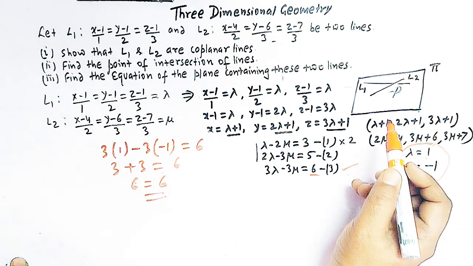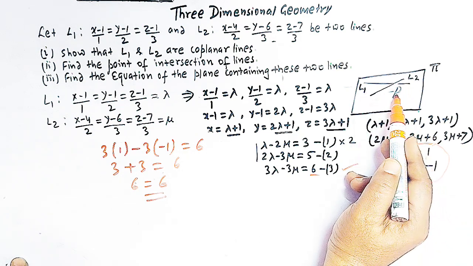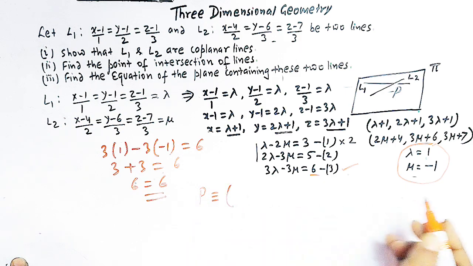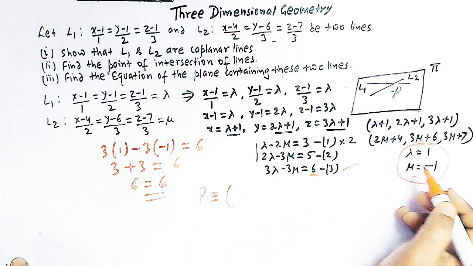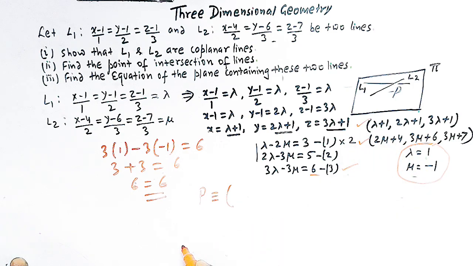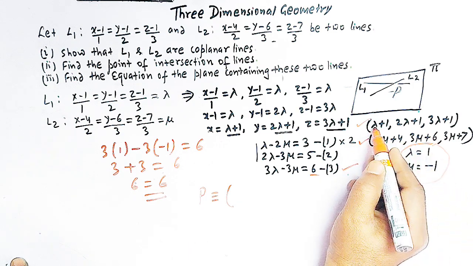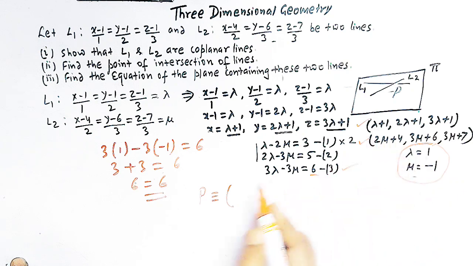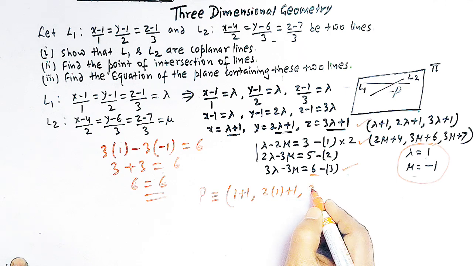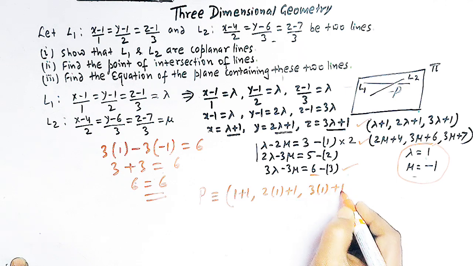So now to get the coordinates of the point P, we can substitute the value of lambda and mu either in this coordinate or this coordinate, right? So we'll take this one. So here lambda is 1, so we have 1 plus 1, then we have 2 times 1 plus 1, then we have 3 times 1 plus 1.